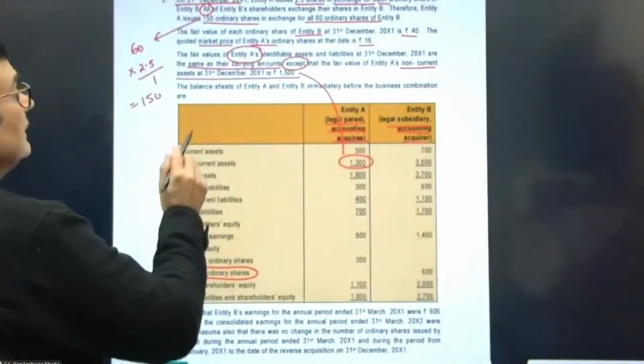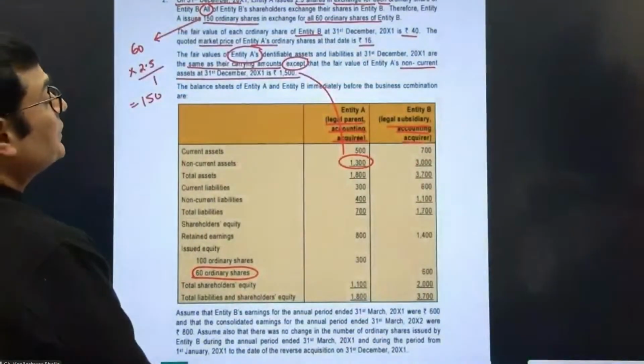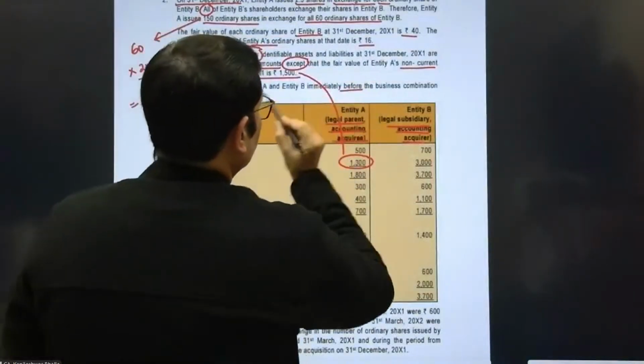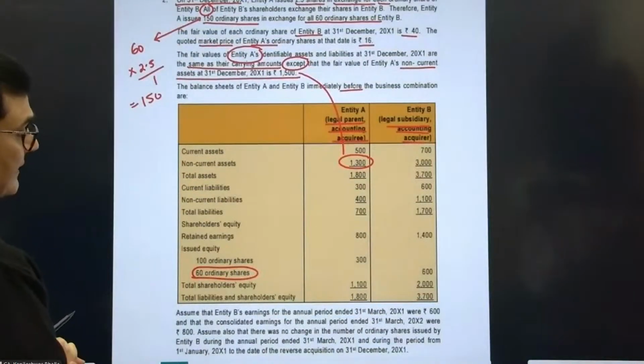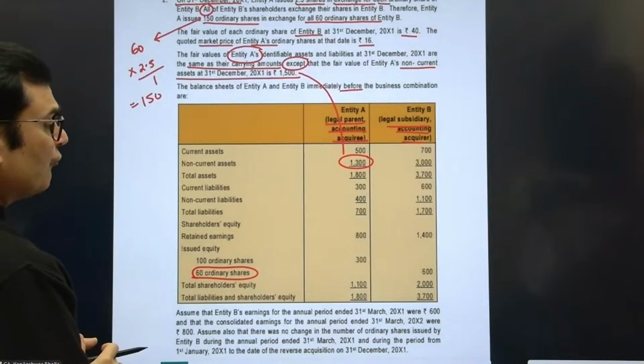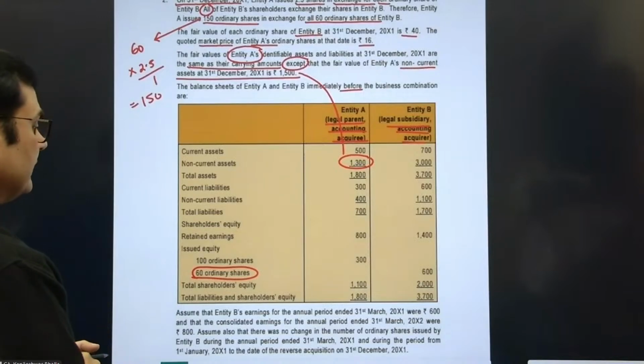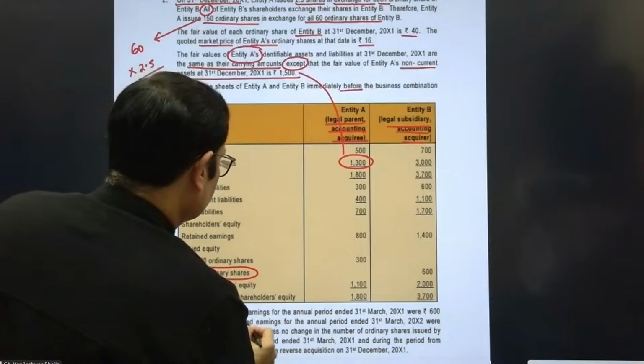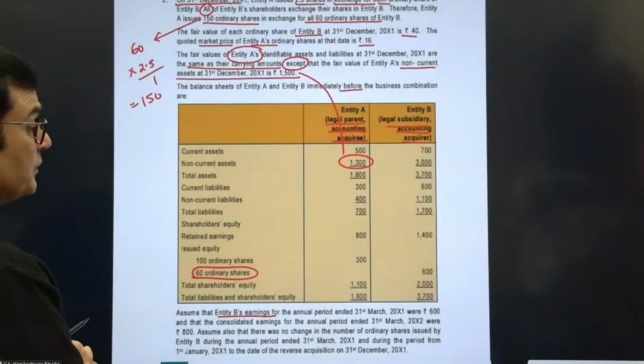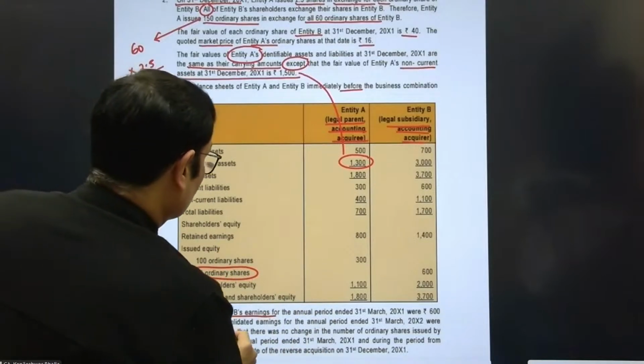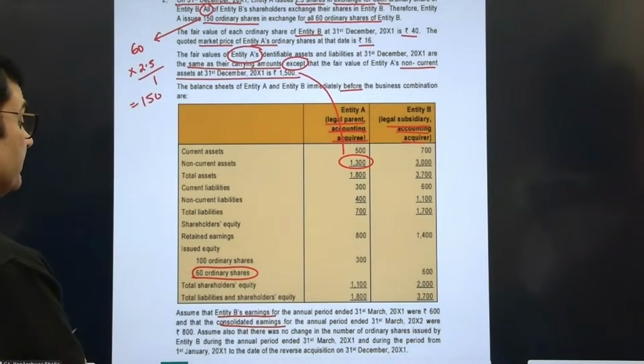Next, the balance sheet of A and B immediately before the business combination is given. And then it says in the end, assume that entity B's earnings for the annual period is 600 and the consolidated earnings are given. So you're given entity B's earnings and the consolidated earnings for the annual period.